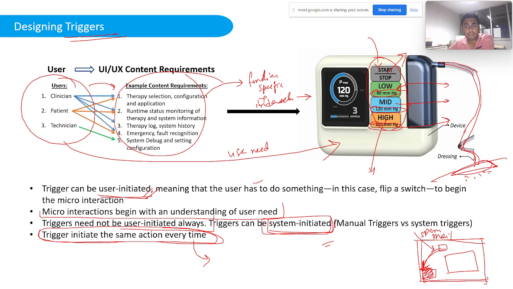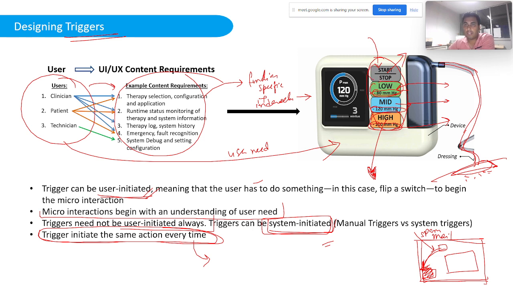That means the user should understand easily that this particular button is used for setting the parameters at a higher level. Similarly, when you press low, it sets the parameter at a low level. So for every trigger you achieve one particular action, which is desired to have learnability.